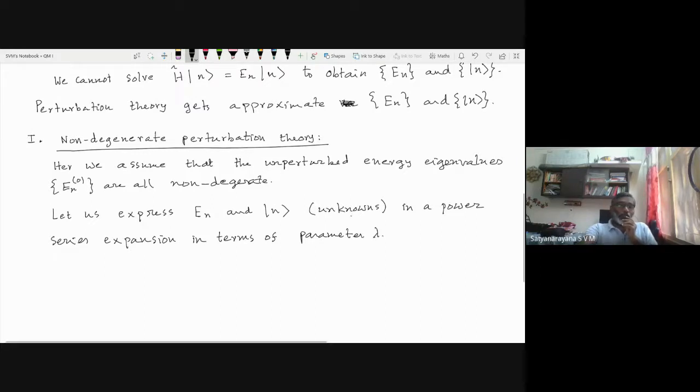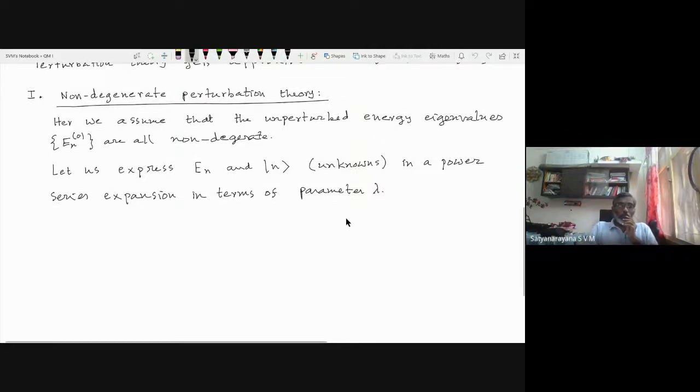What does that mean? That means I am going to write down my En as a zeroth order approximation, the unperturbed energy, plus lambda times a first order correction En1, plus lambda square times a second order correction En2, plus etc., etc.